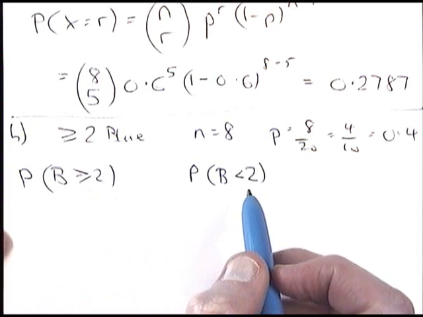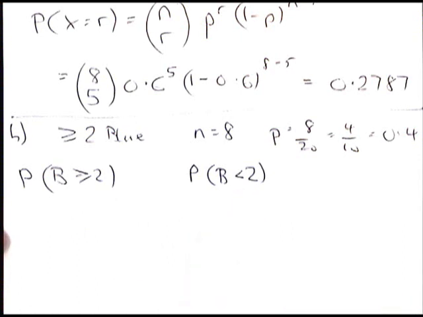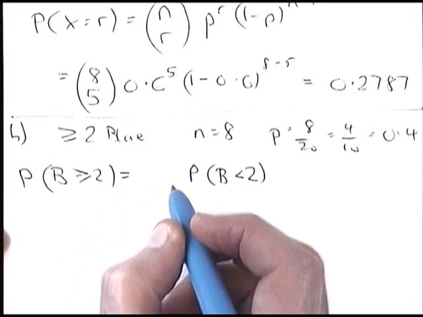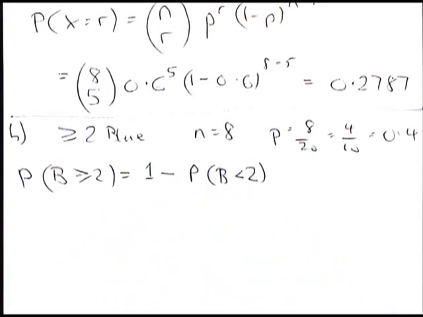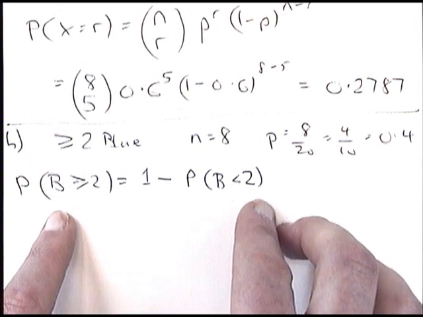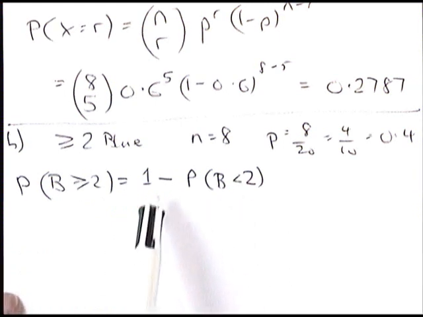The exact opposite is less than 2, which is 0 or 1. And because it's an opposite, we do 1 minus. Because all probability adds up to 1, the opposite thing always has a probability of 1 minus the other thing. So I can switch this around. We're doing 1 minus the opposite.